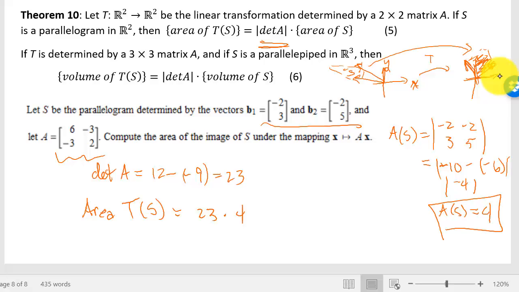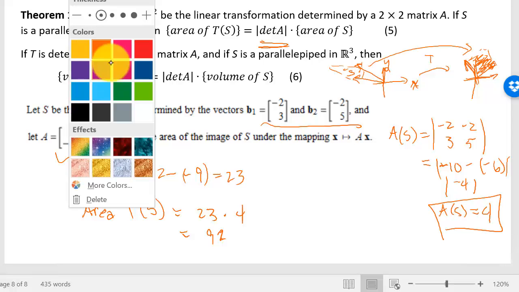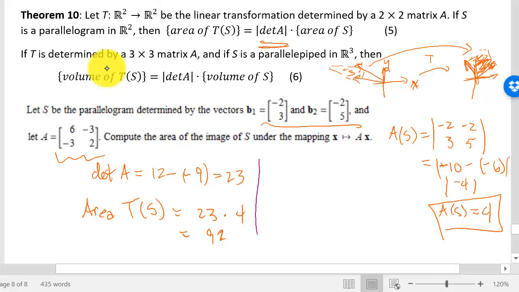Okay. We can check this actually. Well, let's multiply this out. This is 12 carry 1, 8, 9, so 92. We can actually check this. Let's change colors here and check this. Let's actually find AB. And so that's this A matrix applied to this vector. So 6 and negative 2, that's 12. 12 plus 3 and negative 3, 9.